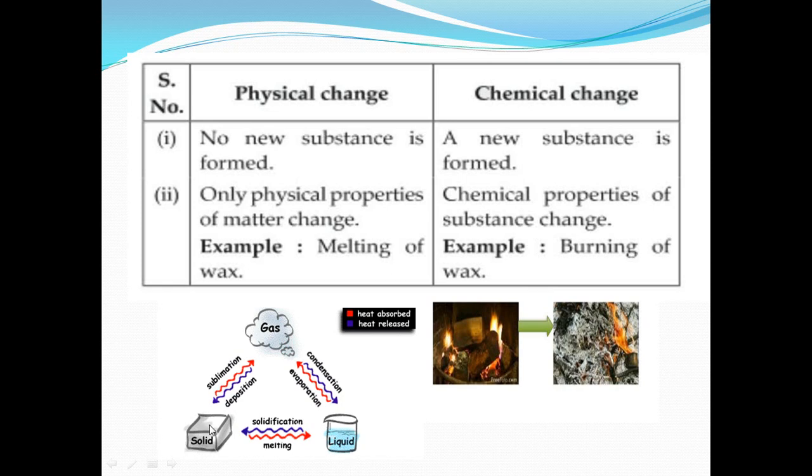What is this? This is made of water. What is the symbol of water? H2O. Okay, what about this? This is water. What about the symbol of water here? H2O. Something new is formed? No, because here this is H2O and here this is H2O.